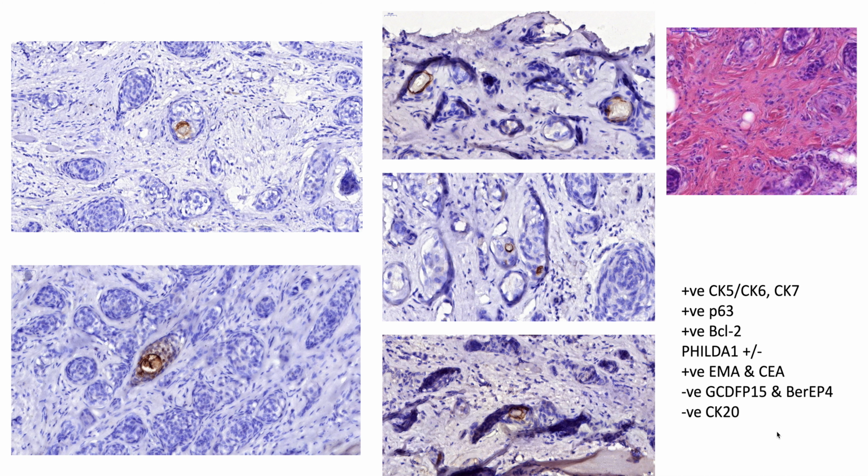And for those cases where one's wondering whether it's a desmoplastic trichoepithelioma, it's useful to note that MAC is consistently BER-EP4 negative, and it doesn't contain Merkel cells, as would be seen with a CK20. So I think all in all, the evidence is strongly in favor of Antonina's diagnosis of solid variant of microcystic adnexal carcinoma.